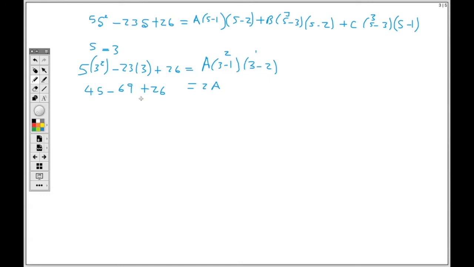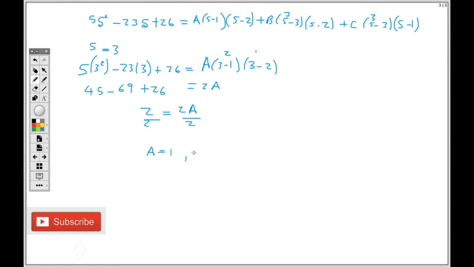Now calculating the left hand side, we have 45 minus 69 plus 26, that's 2. So divide both sides by 2, so a is equal to 1.